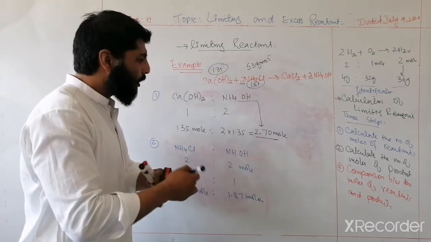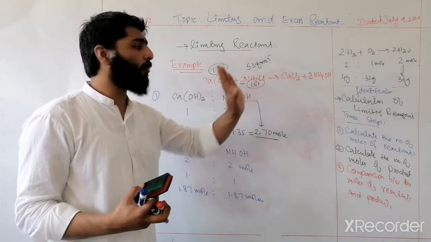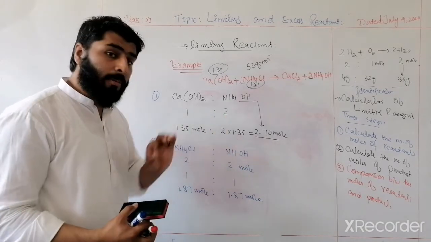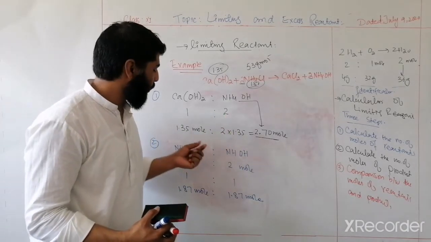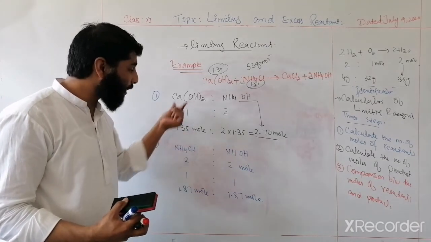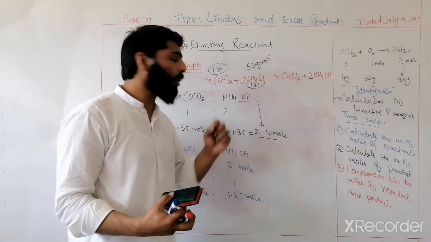Now students, you have compared the number of moles of both the reactants with the number of moles of desired product. And what is the outcome? Outcome is from 1.35 moles of calcium hydroxide, there is the formation of 2.7 moles of ammonium hydroxide.